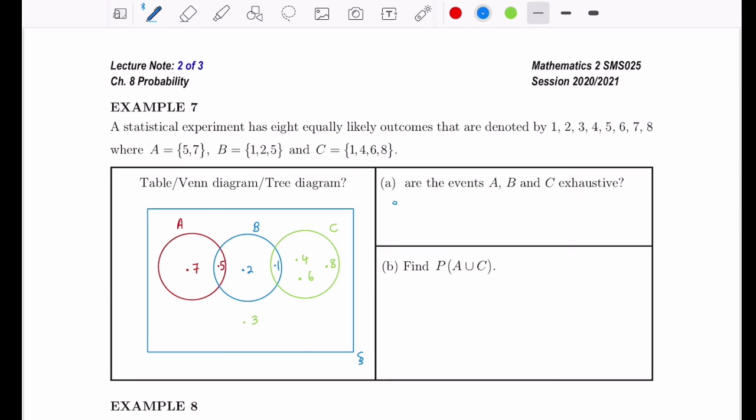So since the number of event A union event B union event C is not equal to the number of the sample space, therefore event A, B, and C are not exhaustive.